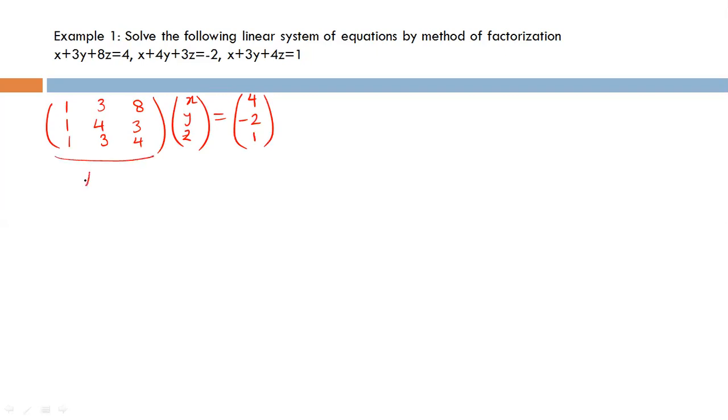This is your A matrix, this is your solution matrix, and this is your column vector. We can check that all the leading minors of matrix A are non-zero. It's a homework for you. You can verify it.